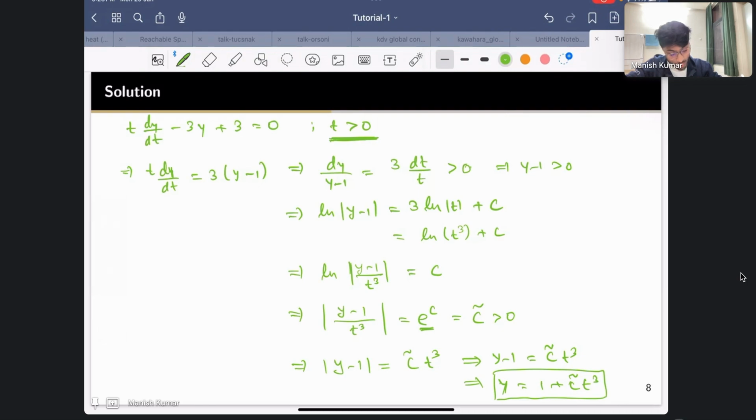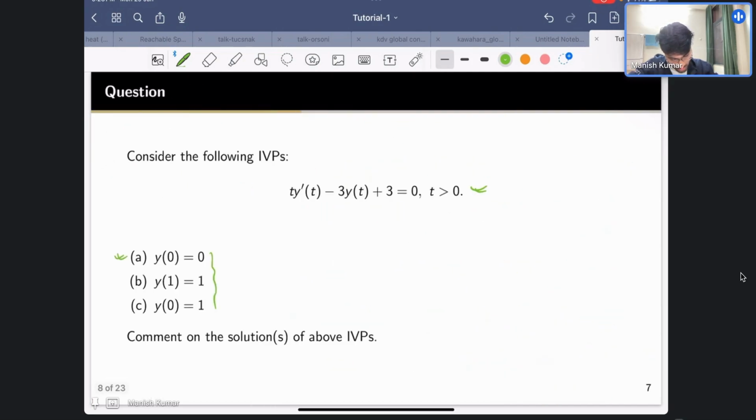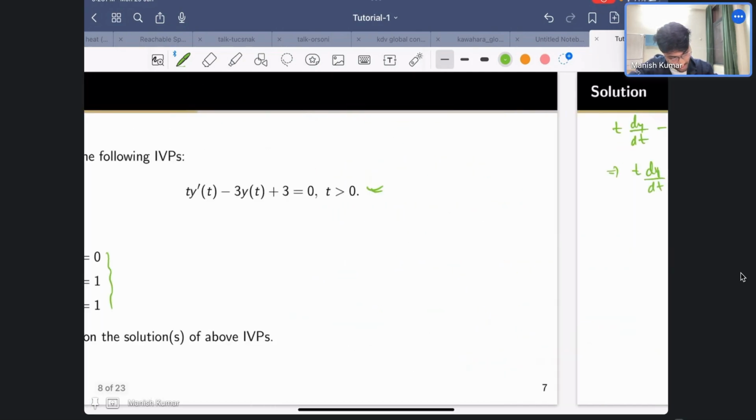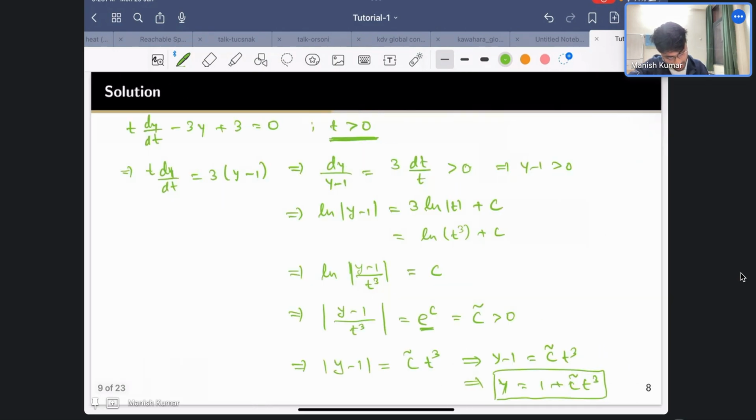Exactly, you are right, because that would give t equal to 0. I mean, that is not possible. Okay, I got your point, what you're saying.